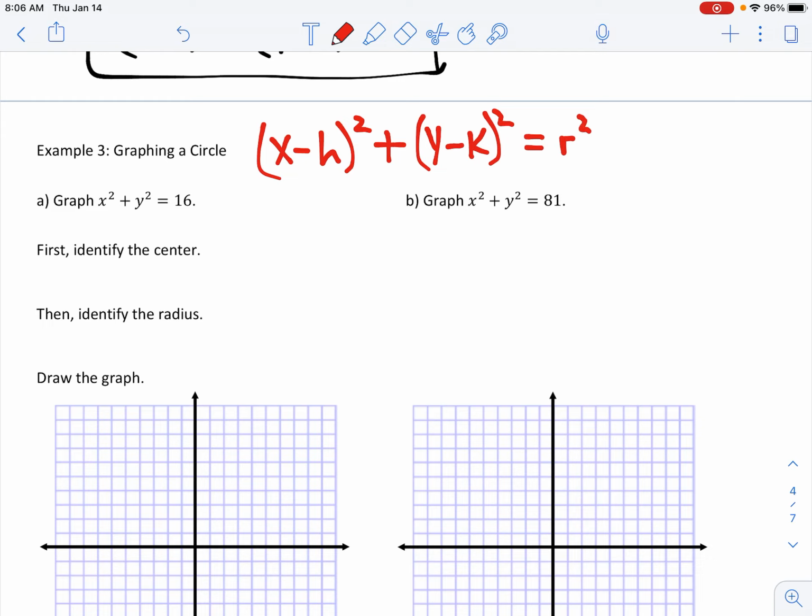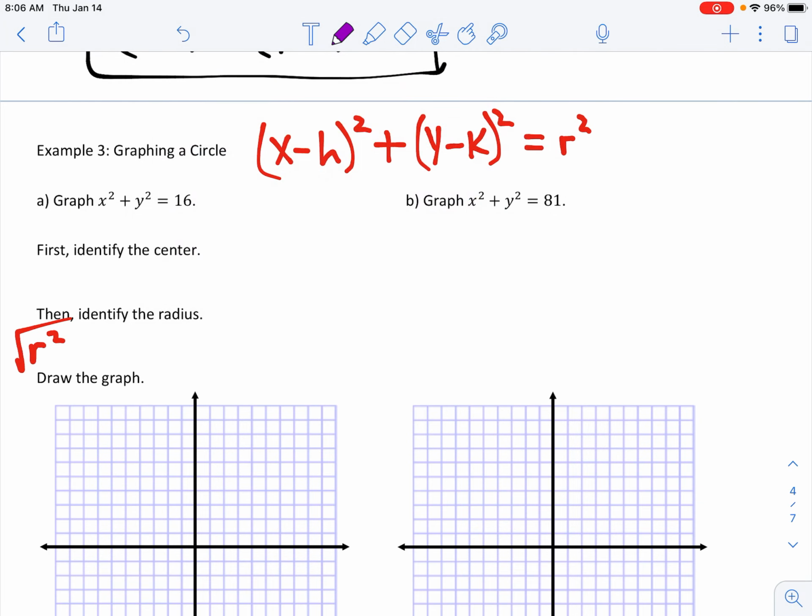Now, to find the center, we would take the opposite of what's in the parenthesis and write those down first. To find the radius, we need to go ahead and take whatever's in the spot of r squared and we need to square root it to find the radius.